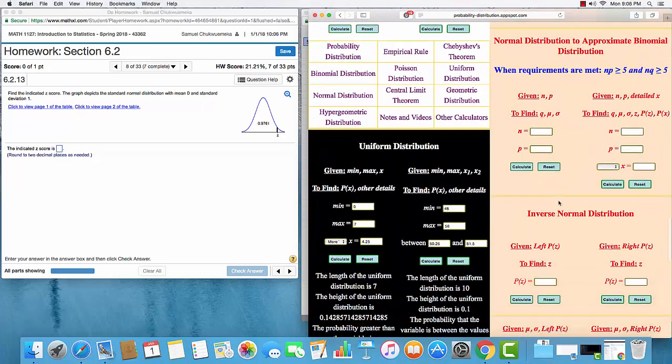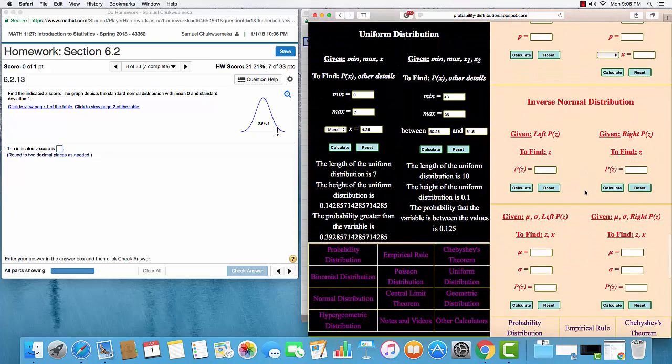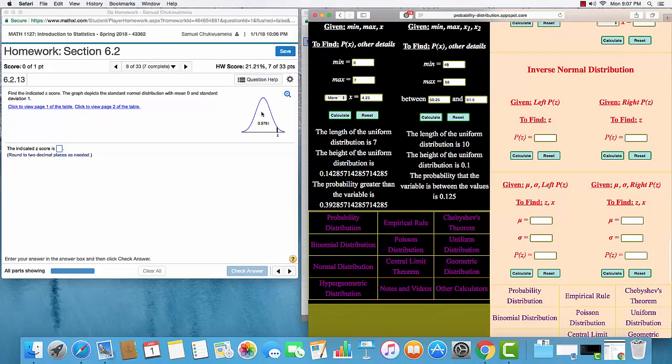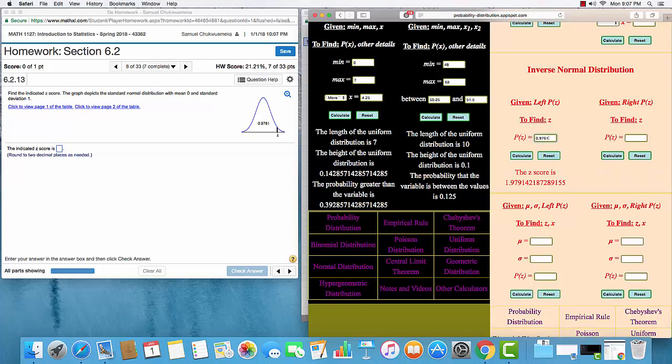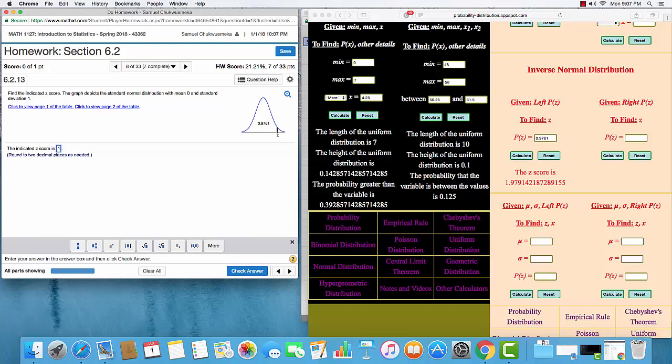So you scroll down up to here, inverse normal distribution. And in this case, this is area to the left. So we're going to use left. Okay, area to the left. So you put 0.9761, enter. So the z-score, you just round it. The z-score is 1.98. You round it to 2 decimal places. I didn't round it because I want you to now round it yourself. So 1.98. Okay.